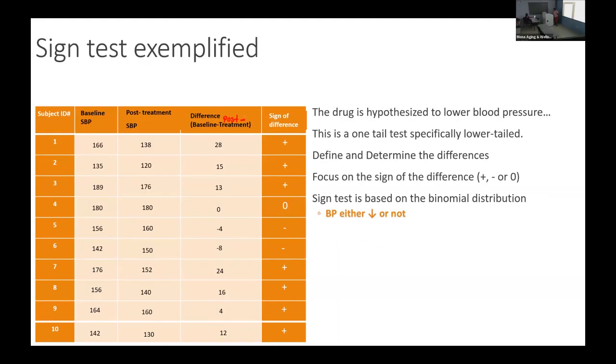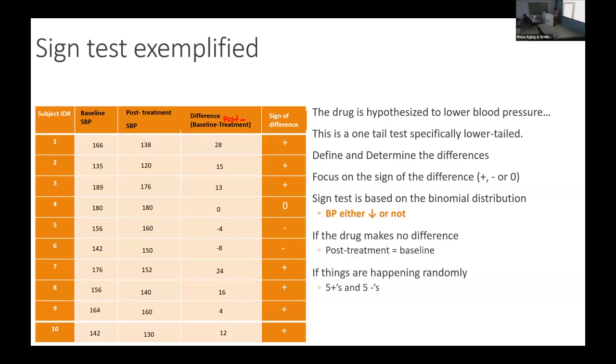Now, if the drug makes no difference, we expect the post-treatment to be the same as the baseline treatment. So if it makes no difference, post-treatment is going to be the same as the baseline treatment.